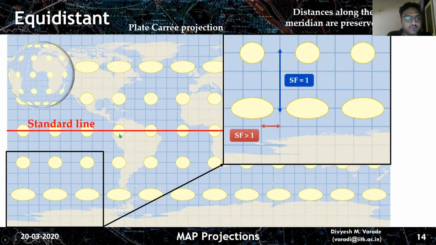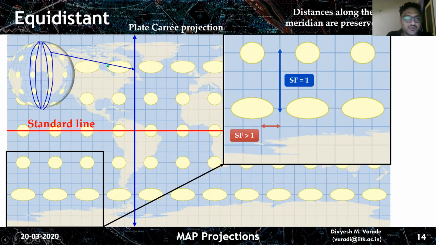Another example here is that these meridians should have been converging, like on the reference globe. But on the 2D projection, you see that they do not converge anymore. So, for example, if you were to talk about one of the parallels here, in the mid-latitude region, you will see that the equator from the reference globe is the length of the standard line here.